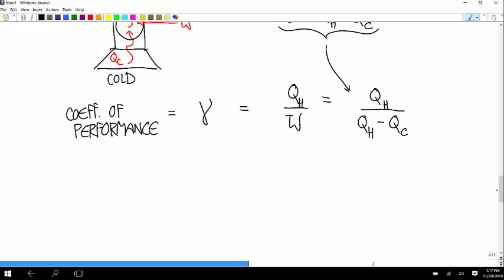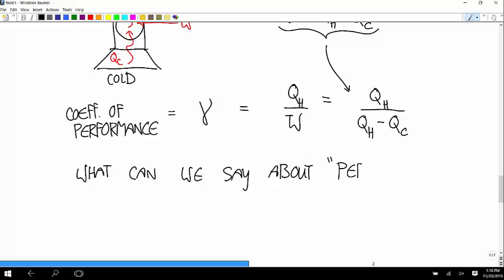But now we're going to start thinking about the performance of, so what can we say, let's say perfect performance.